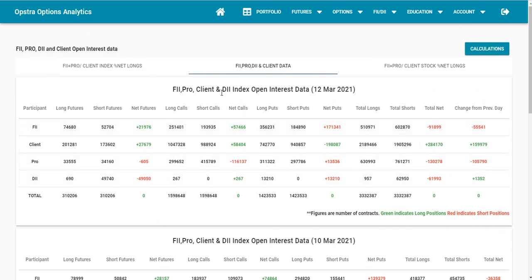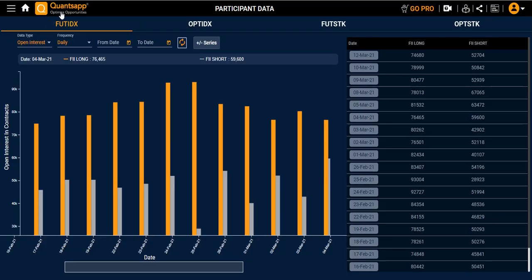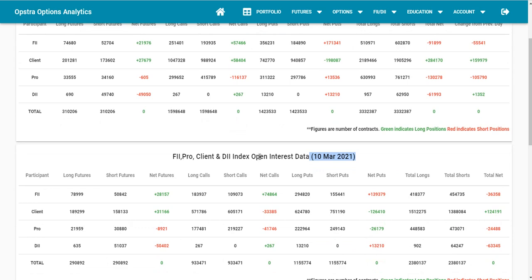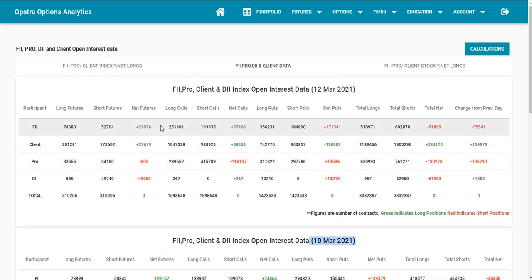So from here, I can see the FII Pro client index open interest data for 12th March and the same for 10th March. The only drawback compared to QuantSap is that in QuantSap I have all the days' data, but here we are just comparing against the previous day's data and the current position.